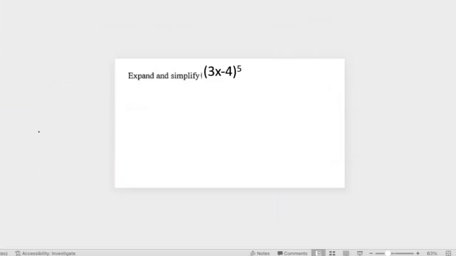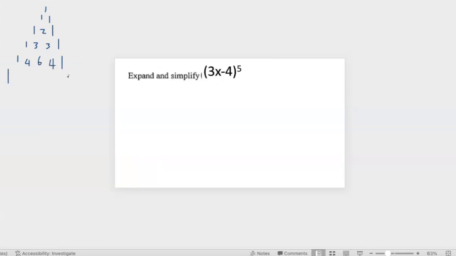Now we can also use Pascal's triangle. So Pascal's triangle, we have 1, 1, 1, 1, and 1 plus 1 is 2. Then we put another 1. 1 plus 2 is 3. 2 plus 1 is 3. Then we have another 1. 1 plus 3 is 4. 3 plus 3 is 6. 3 plus 1 is 4.